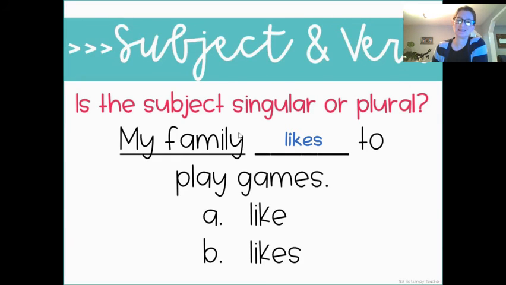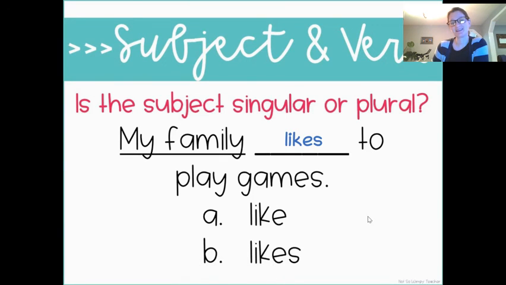But here's the thing, this is singular because it's one family. There is only one family. So that is why my family is considered to be singular. If it was both families, then it would be plural, and we'd say both families like to play games. But because it's only one family, we say that's singular.